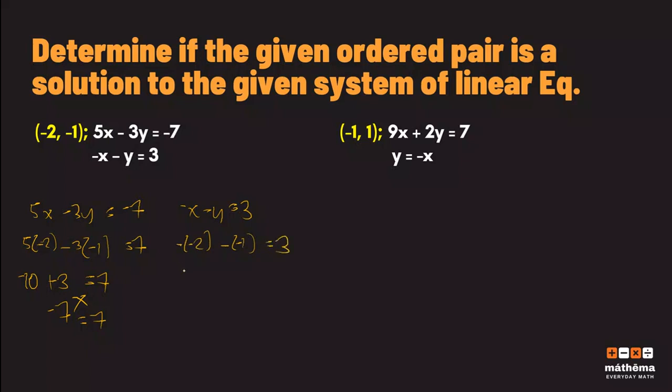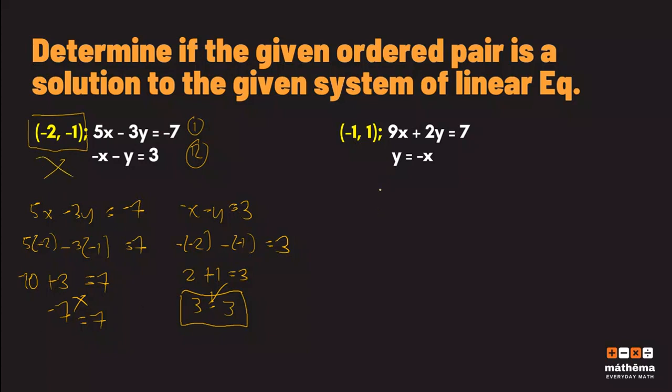Negative times negative is positive, so 2 minus 1 equals 1... so 3 equals 3. Now, though this is correct, since the point negative 2 and 1 is not true to equation 1 and equation 2, this makes it not a solution.